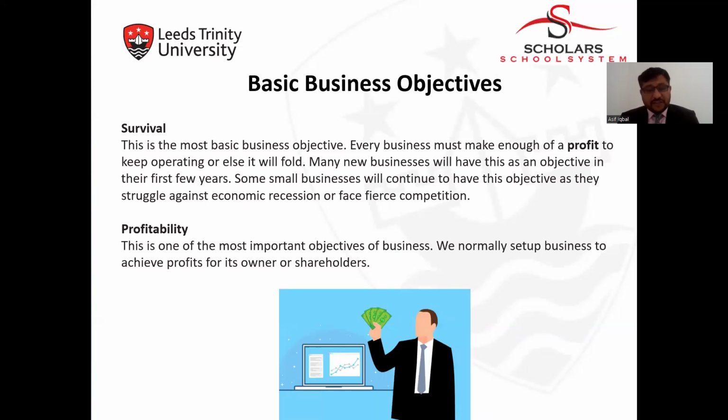It means the competition in the market is very high. Due to this, it's a problem for small businesses that they can only survive in the market. That's one of the basic objectives, with the hope that they can earn good profits in the coming years.